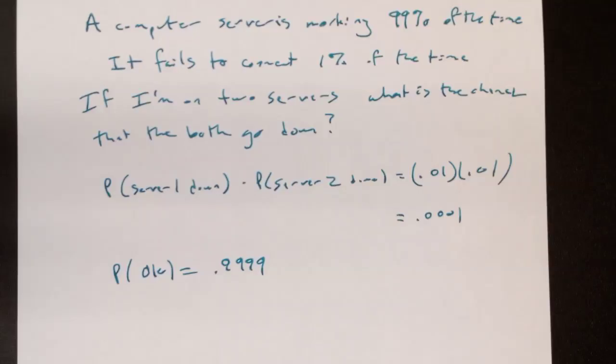If I go to 3 servers, it'll be 9999. It'll be 6 of them. If I go to 4 servers, it's 8 of them. It's a huge option. So if I increase my number of servers, I increase my reliability. My ability to be sure that my information is still available by placing it in multiple places.